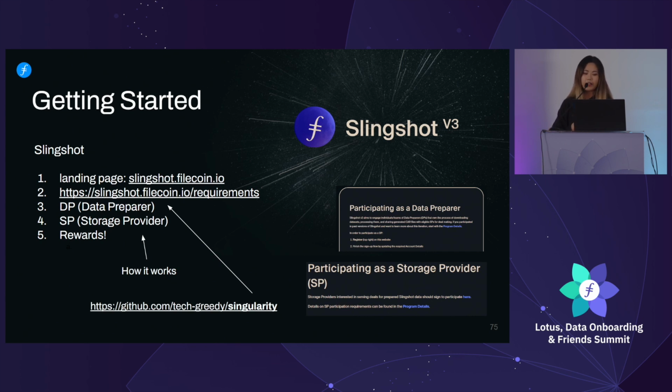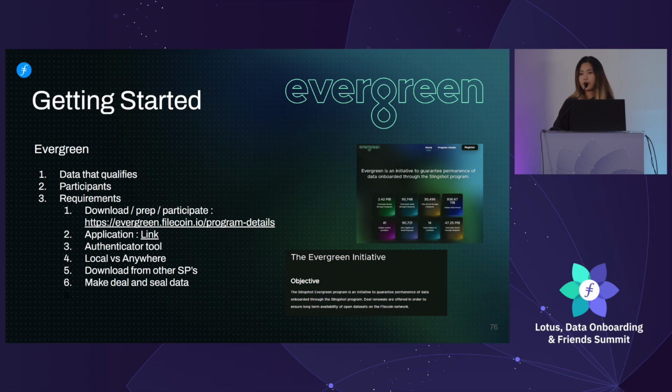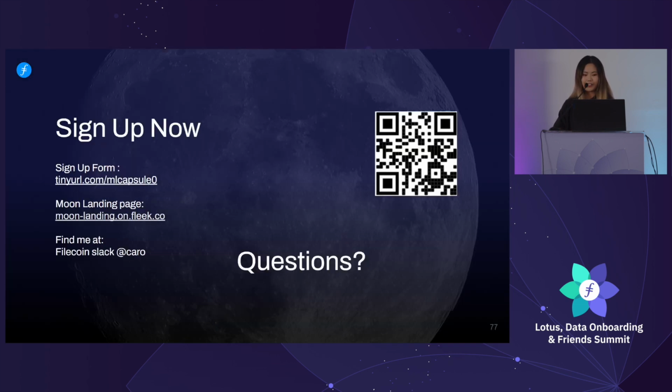Data preparers and SPs have different steps that you can follow. And if you choose to start with Evergreen, which is also super encouraged, you can go to evergreen.filecoin.io, start digging around, and let us know if you have questions.